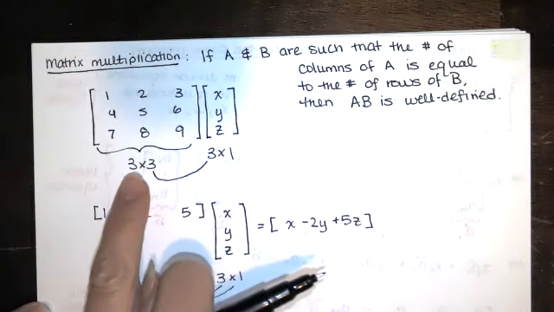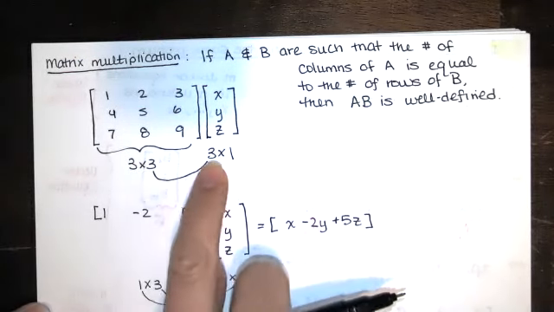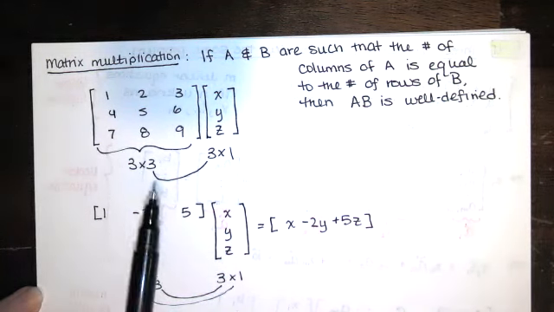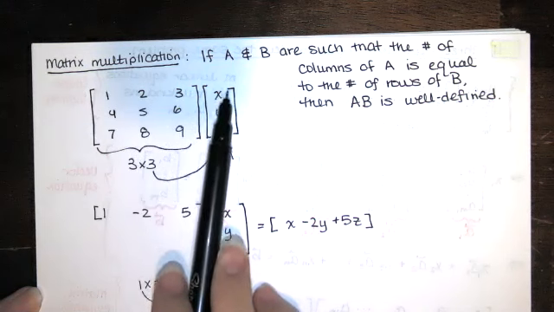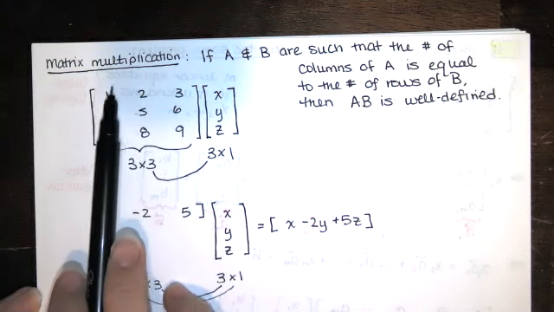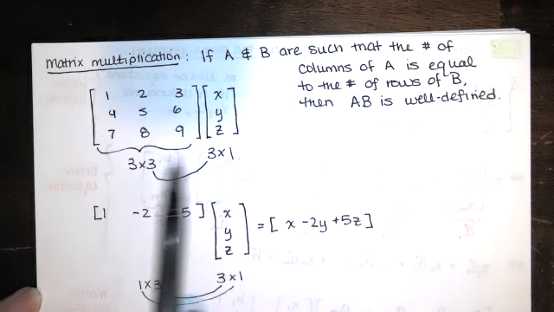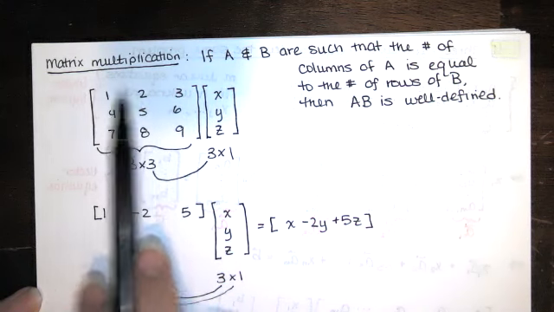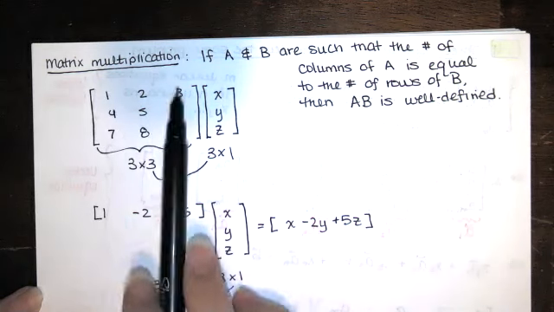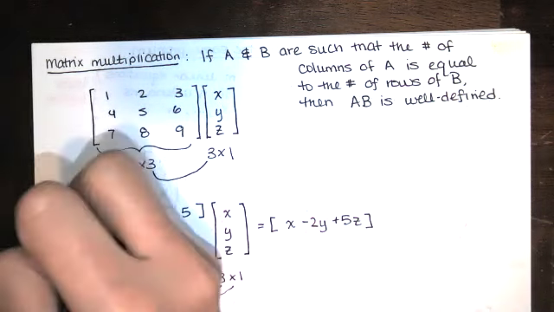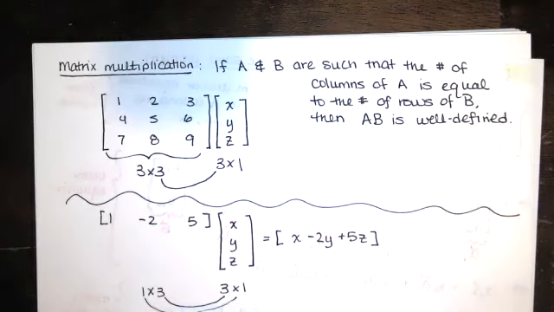So if the number of columns over here is equal to the number of rows over there, it's possible to do that. You can multiply and add, because I've got 3 of these and 3 of these. Then I can multiply and add, multiply and add, and multiply and add. If these numbers aren't the same, I will eventually run out of entries in the row or the column that I am working with. And we don't want that.